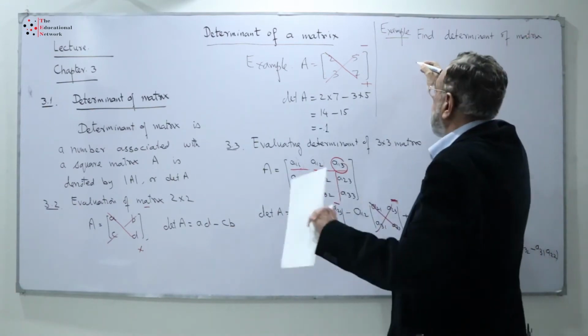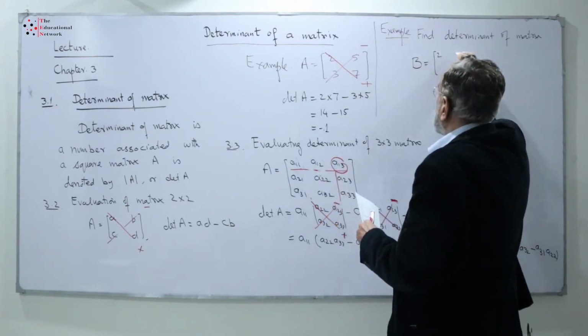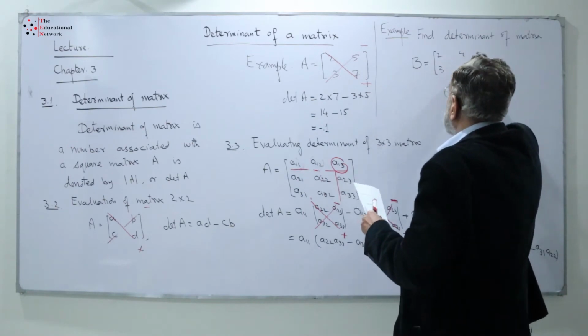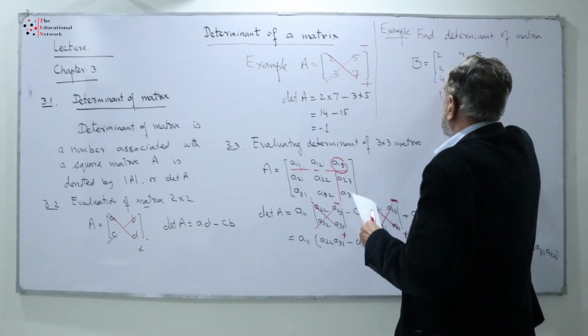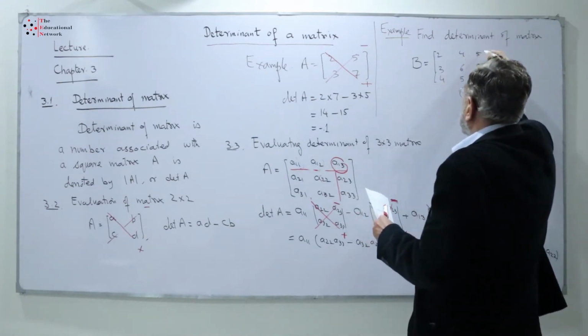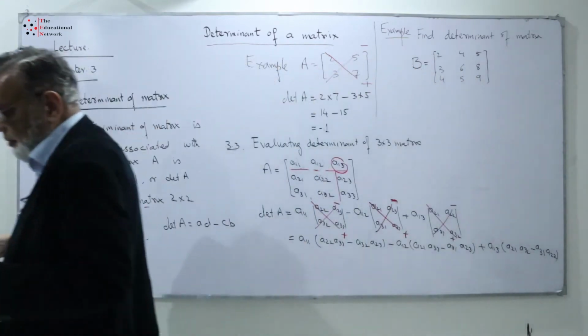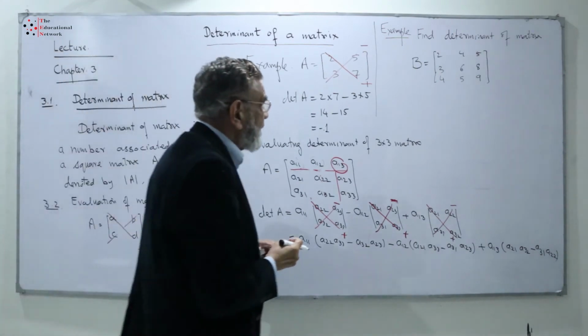So matrix A, I take here matrix B, and I'm having here 2, 4, 5, 3, 6, 8. And the last row we are having here 4, 5, 9. We have just defined that condition that this must be a matrix which is 3 by 3, must be a square matrix.